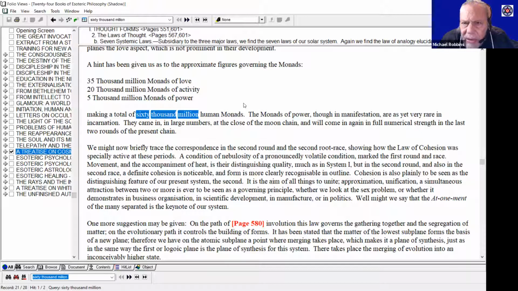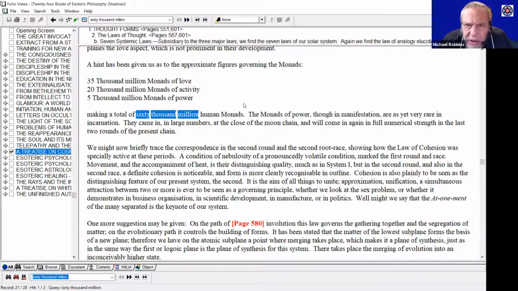The monads of power, though in manifestation, are as yet very rare in incarnation. Notice how he distinguishes between manifestation and incarnation. Manifestation may mean upon the cosmic physical plane, or especially within the lower 21 subplanes of the cosmic physical plane, or maybe simply within the cosmic ethers.